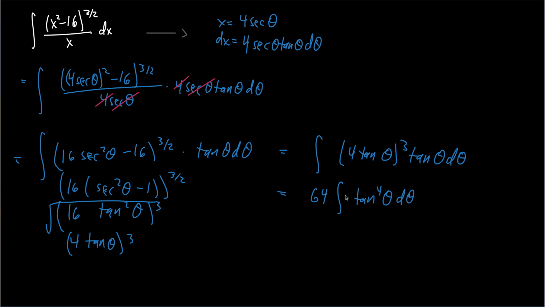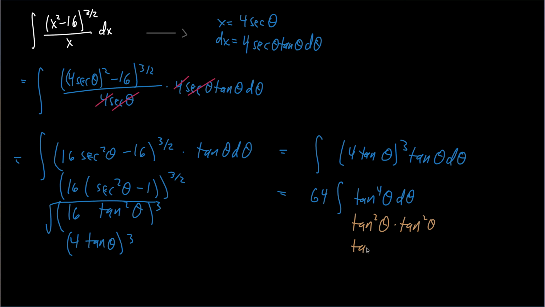Now at this step, I need to figure out how to integrate tan to the power of 4. I don't know how to integrate tan to the power of 4, but the question in our head is, do we know how to integrate tangent squared? So split tan to the 4 into tan squared and tan squared. And I know tan squared is secant squared minus 1, from the identity we used earlier.